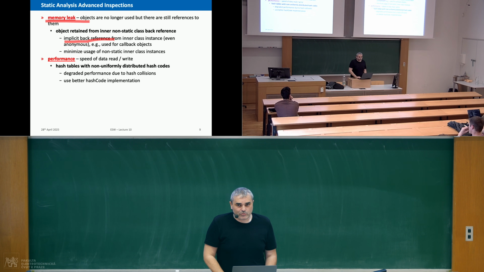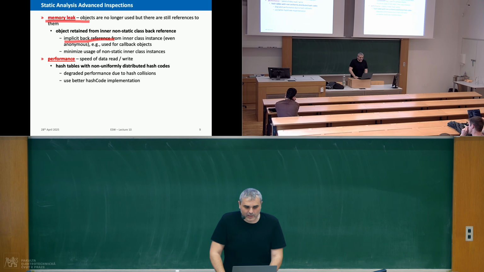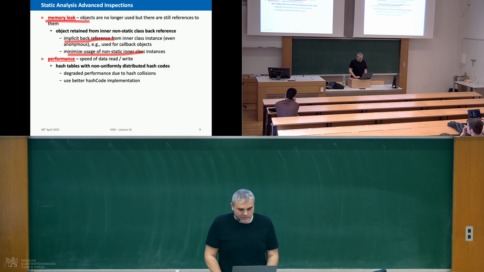And that prevents collection of that enclosing instance, and also all the referenced content as well, even if you don't have that implicitly in your code. So you should minimize usage of these non-static inner class instances.